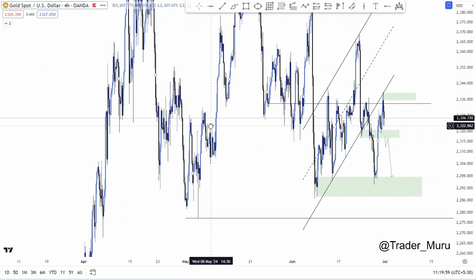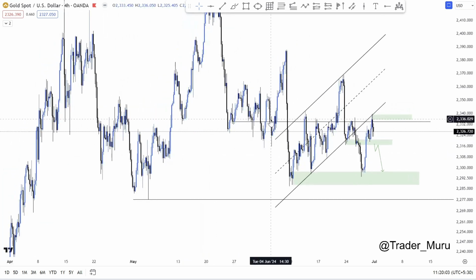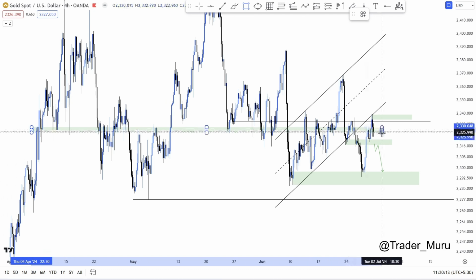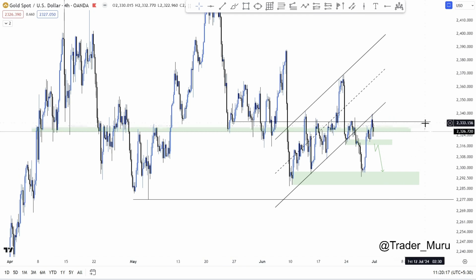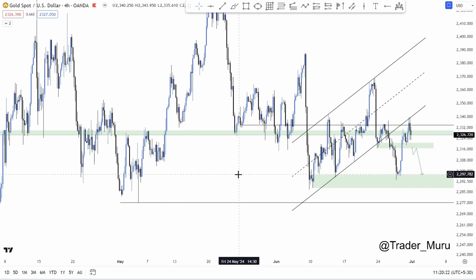Let me just show you what this weekly resistance place is. We don't need to hide it, we will just extend it. Okay, so what we have here: rejection, again upside push, second push, third push, rejection, again rejection, rejection.